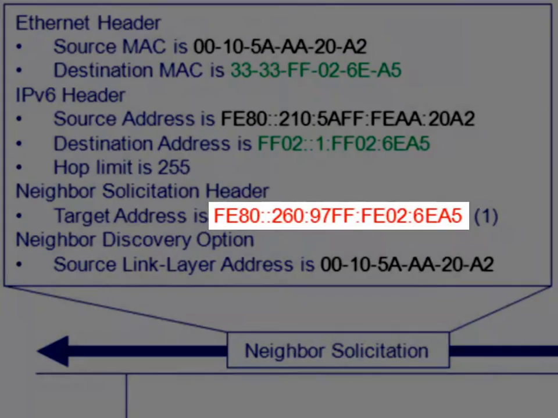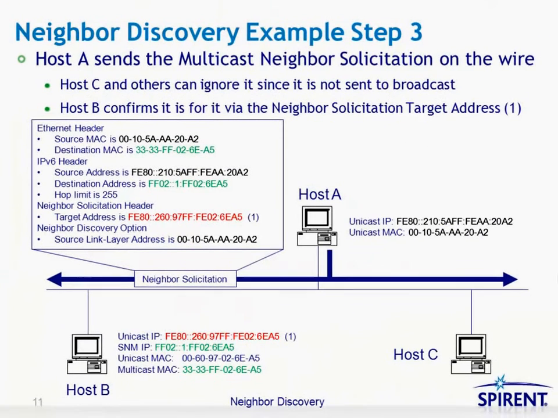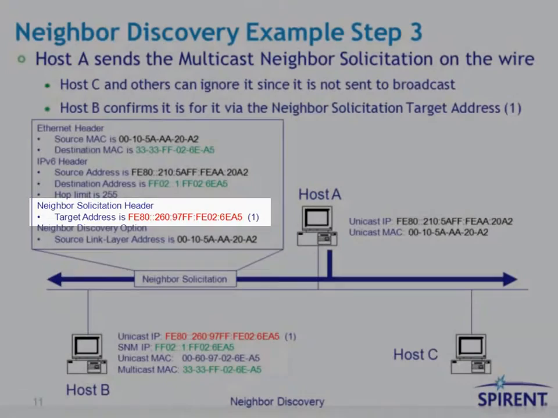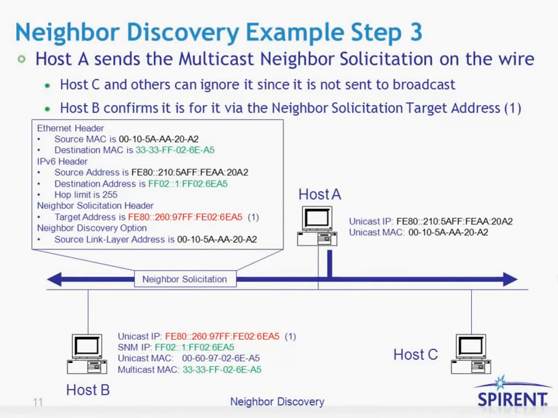And so only host B should read in that packet. Host C will probably ignore it, especially since it's not sent to broadcast. But then host B can double check inside the neighbor solicitation header for the target address, the FE80 address that I mentioned earlier, just to double check that it is indeed for host B.